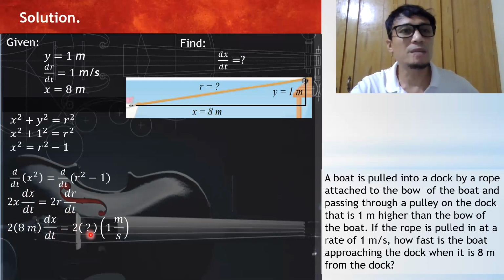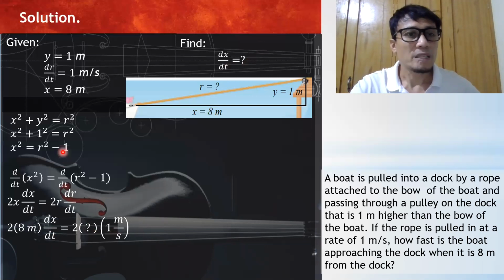Okay, the problem here is we don't have r, okay? If we put r here, then that will leave us two quantities that are unknown. But is there a way to find the value of r? By the way, your dr/dt is given here to be 1 meter per second. So how do you find that r? We need to find this, no? Because if we don't know this, then we cannot find the dx/dt, which is our main objective.